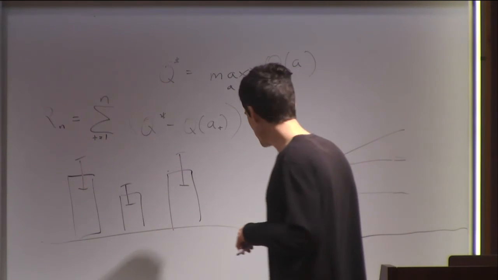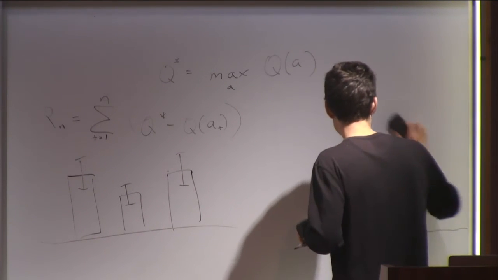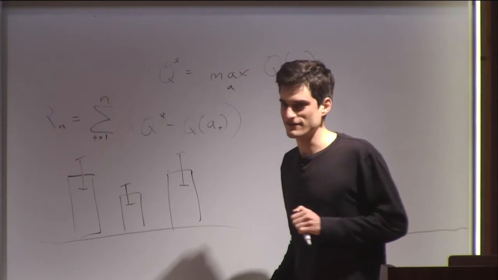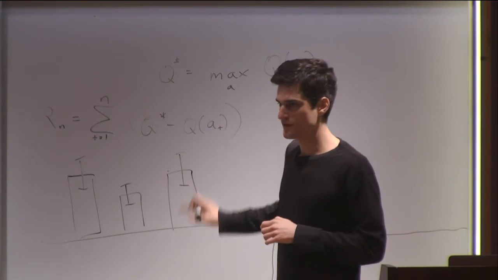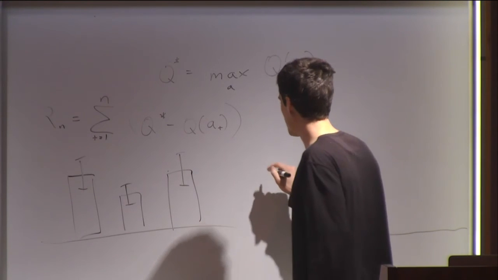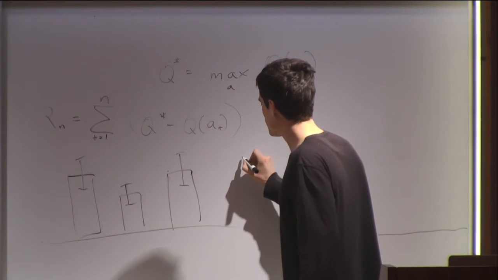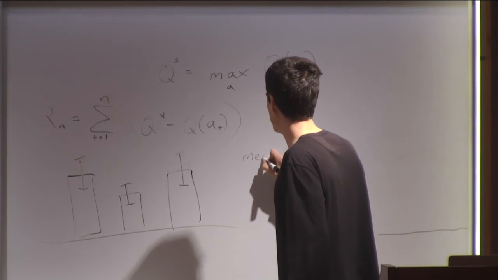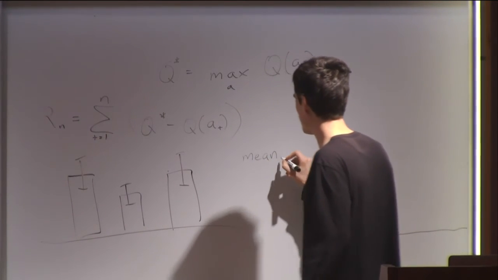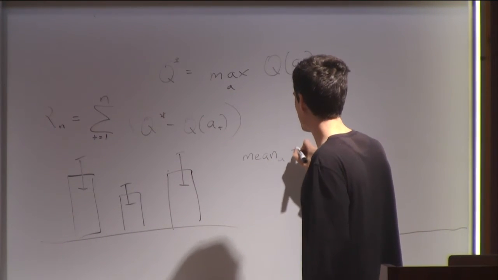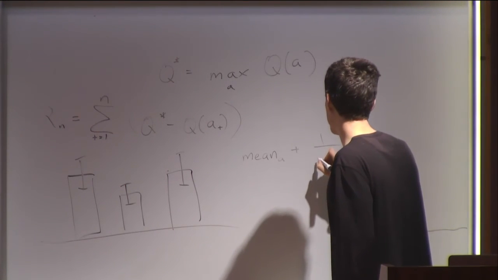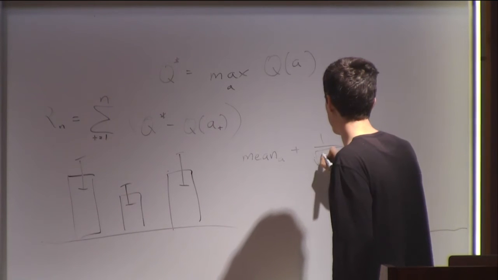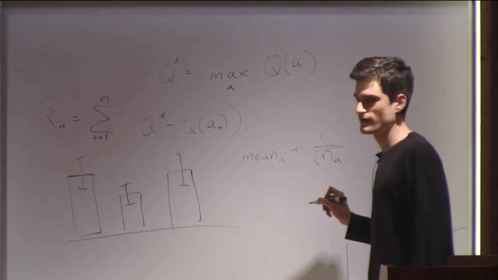In the original UCB algorithm, it actually doesn't look at any kind of standard deviation of the returns. You choose the arm that has the highest value of mean of this arm, let's say mean sub A, plus something like 1 over square root of the number of times you've chosen that arm.